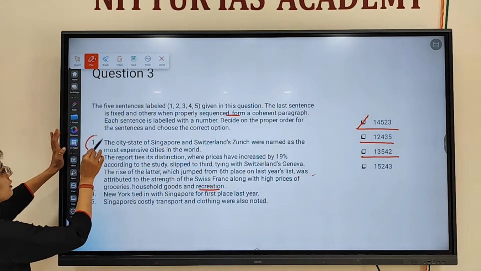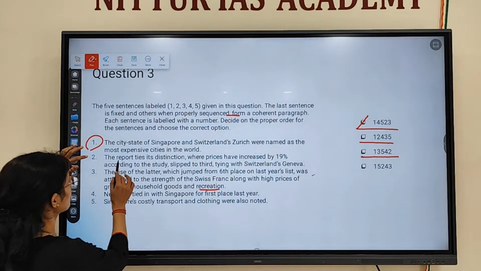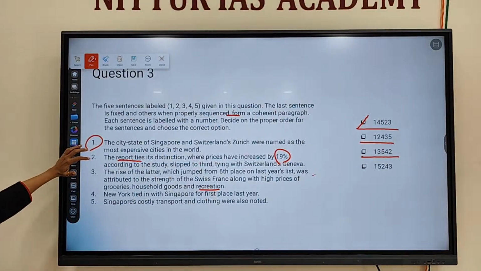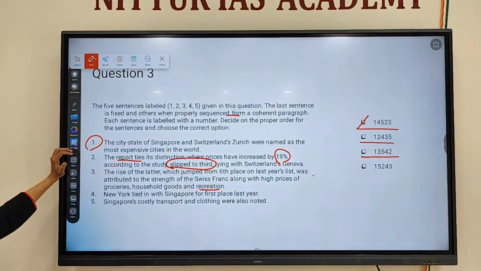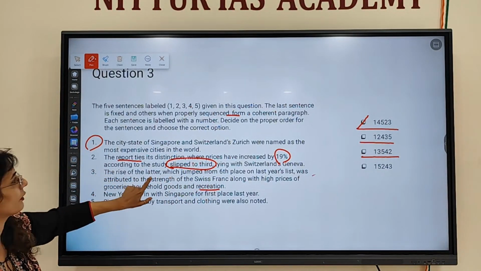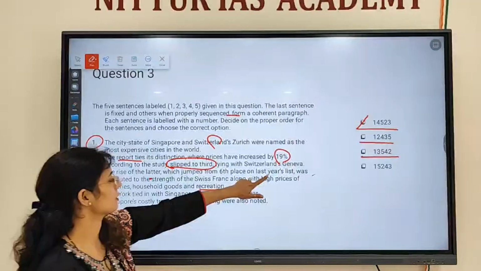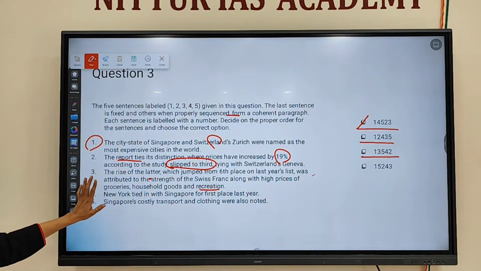One is already fixed. Second one, 2: the report ties this distinction where prices have increased by 19%. So we have the report which is saying 19% increase in the prices, and then we have slipped to the third. Okay, see the important details. The rise of the latter, so latter is Switzerland here, which jumped from sixth on last year's list, was attributed for this year.